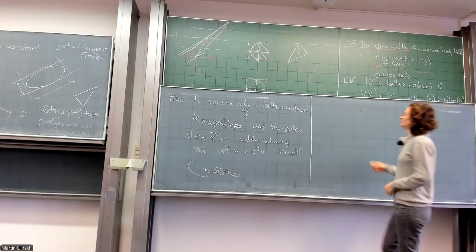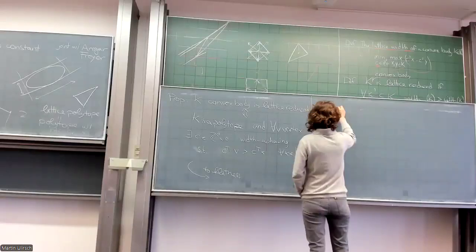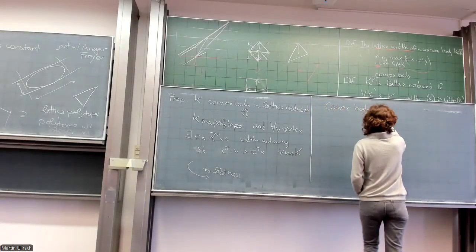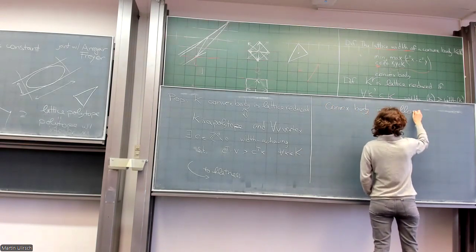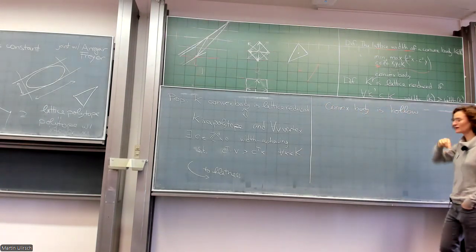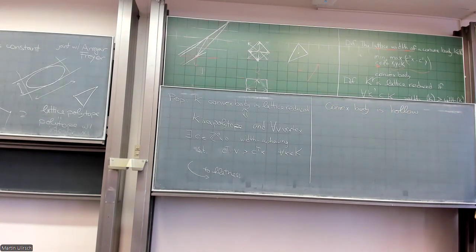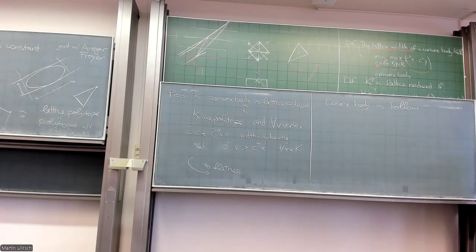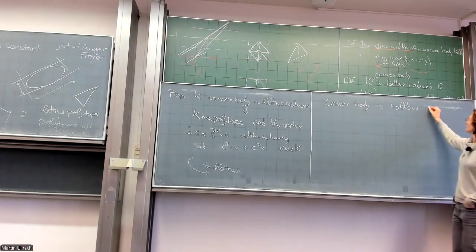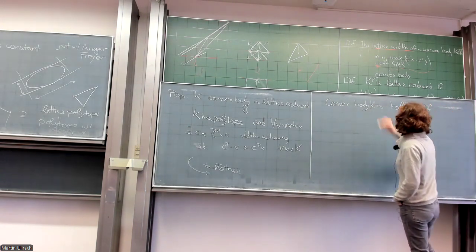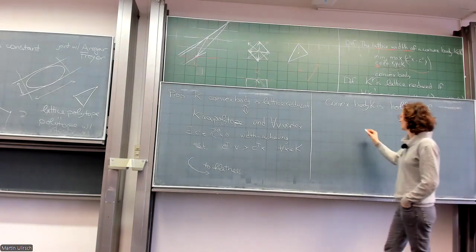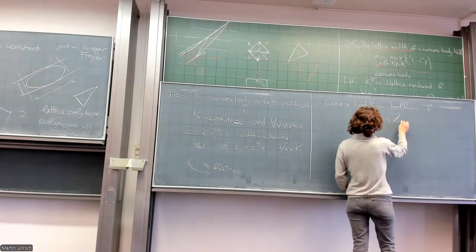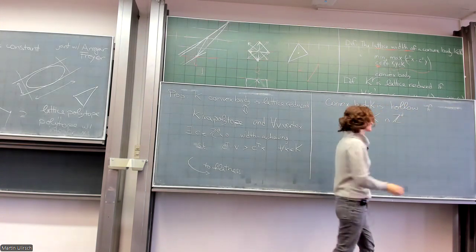So we call a convex body K hollow. We say that it's hollow or lattice free, depending on which community you live in, if the interior of K does not contain lattice points.